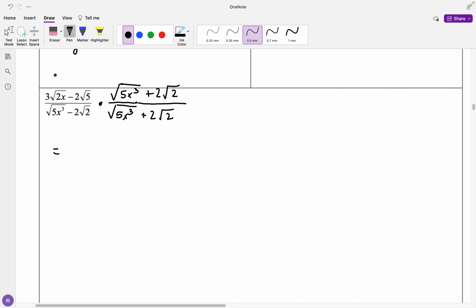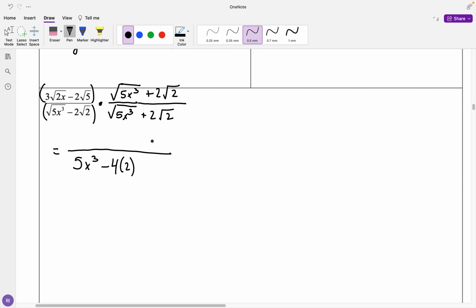Okay, let's multiply this. It's going to be slightly a nightmare, but we'll do it. Let's use a bit of shortcut on the denominator because if we don't, it's going to be terrible. 5x cubed, and then minus 4 times 2. Okay, that's not so bad.